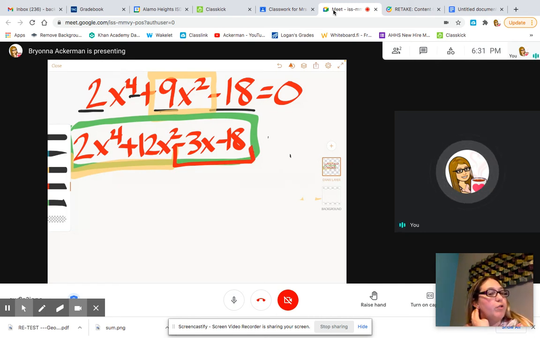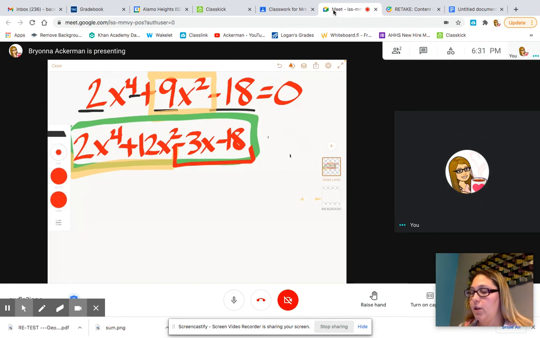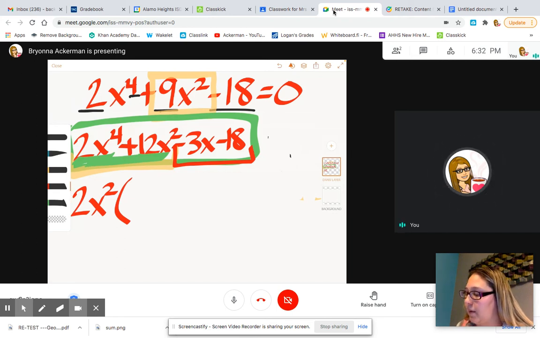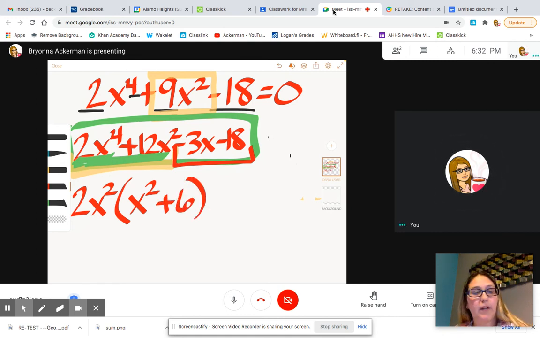With the first 2 terms, we want to find a greatest common factor. So in this case, the greatest common factor is 2x squared. If I divide both of these terms by 2x squared, I'm left with x squared plus 6. And that was the green part.